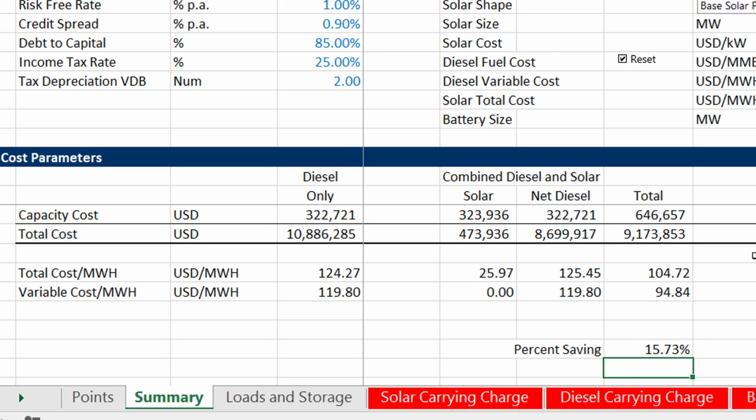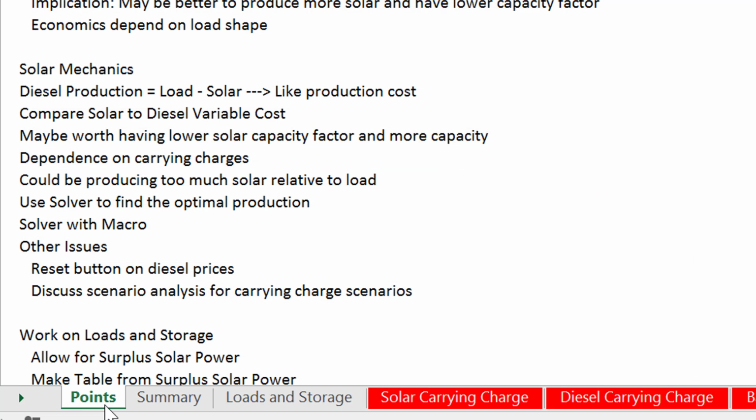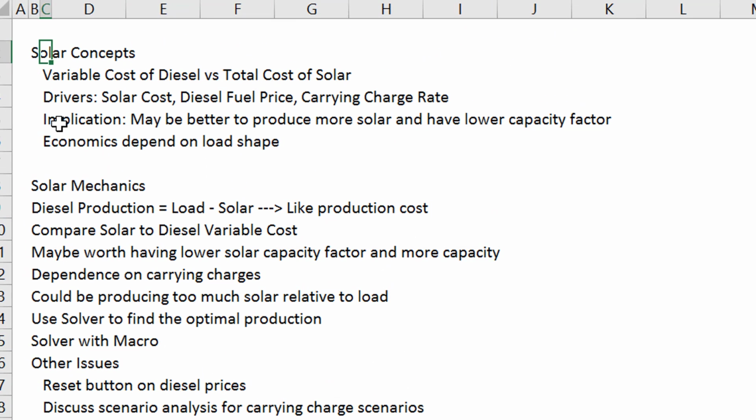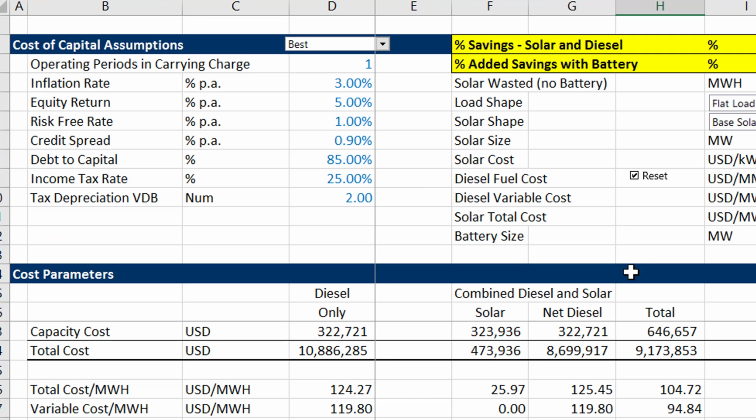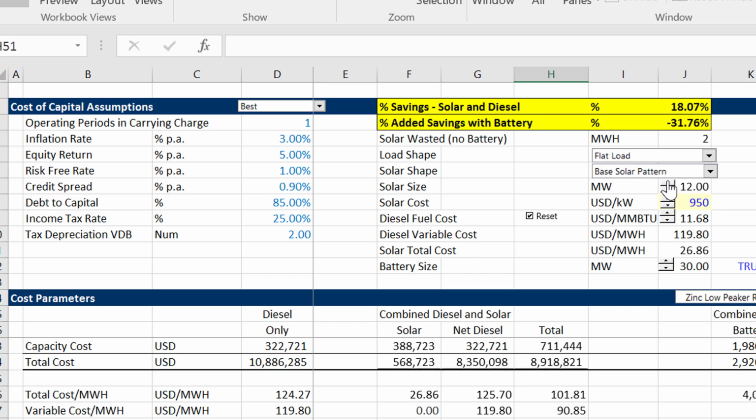All right. Now, the interesting thing for me about this one is the next thing we're going to show you. I think we've shown you a little bit about what some of the drivers are, and a little bit of the mechanics, I hope. And now I want to show you what happens if we put more solar power in.